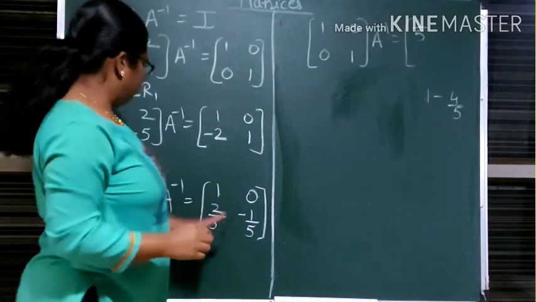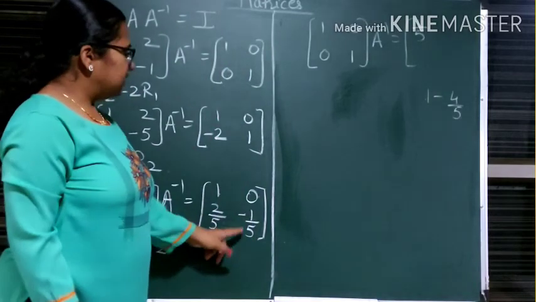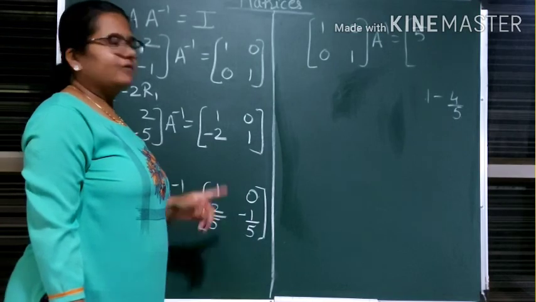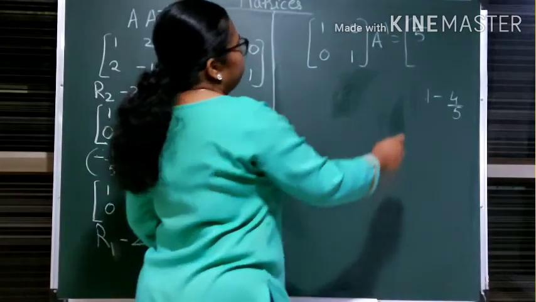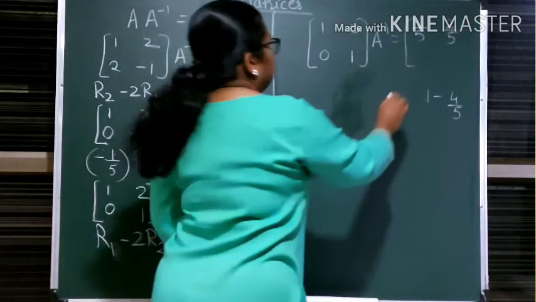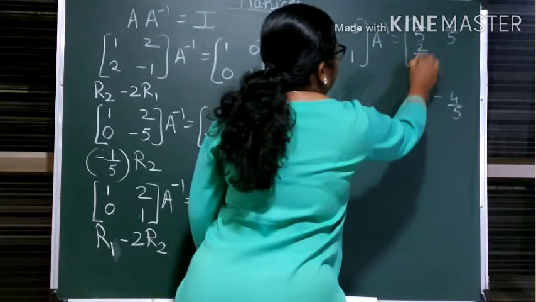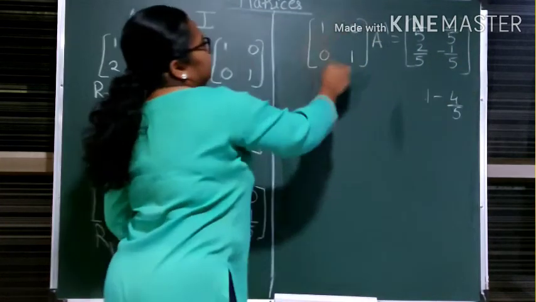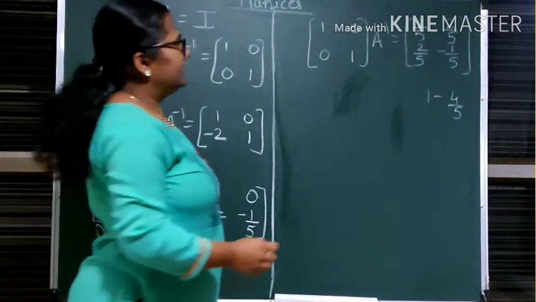Next 0 minus 2 into minus 1 by 5. Minus 2 into minus 1 by 5 is 2 by 5, and 0 plus 2 by 5 is 2 by 5. Here you have 2 by 5, here you have minus 1 by 5. So you can see this matrix is converted to an identity matrix.